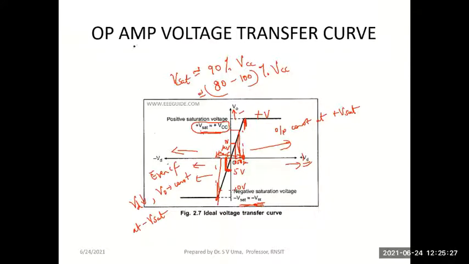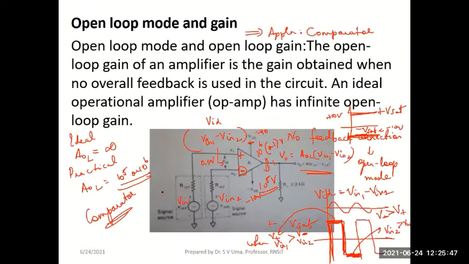That's why this op-amp can be used for comparison applications as it is. And if it has to be used for amplifier applications, you will always have to reduce the gain of this op-amp by using negative feedback in the circuit.